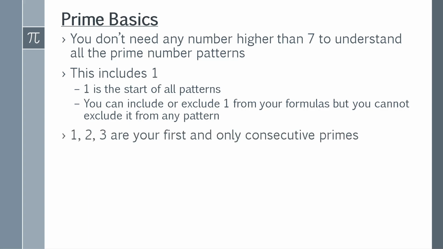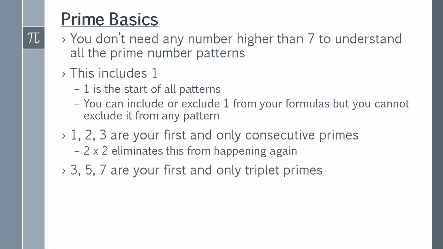So 1, 2, 3 is your first and only consecutive primes. 2 times 2 eliminates this from happening again. 3, 5, 7 is your first and only triplets. And again, the next prime eliminates that: 3 times 3.